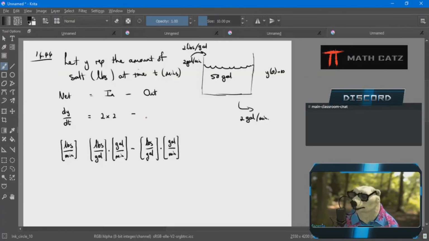In the 50-gallon mixture, I have y pounds, so it's y over 50 pounds per gallon, the actual salt per gallon, times 2 gallons per minute flow rate. And there we have our differential equation: dy/dt equals 4 minus y over 25, and our initial value is 10.